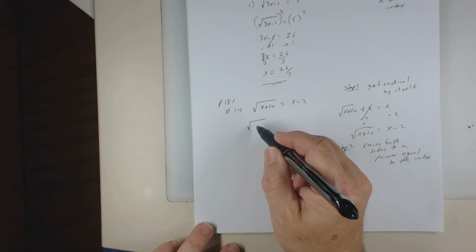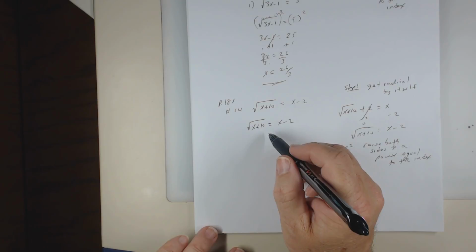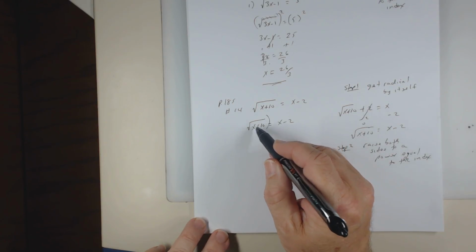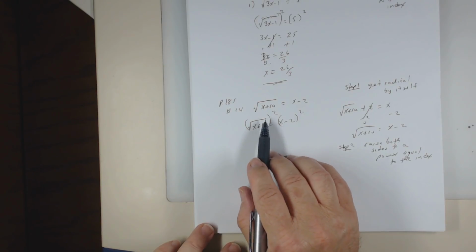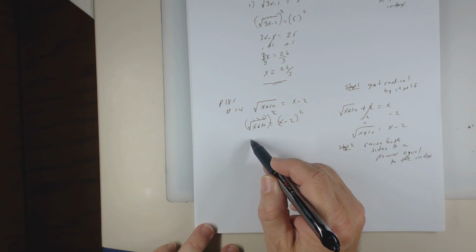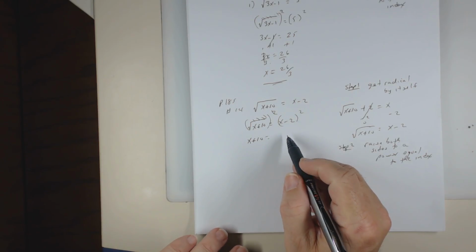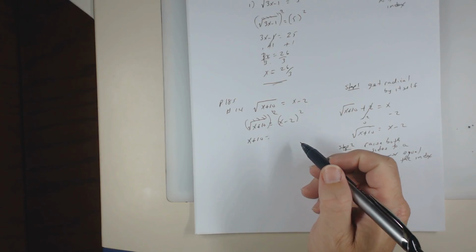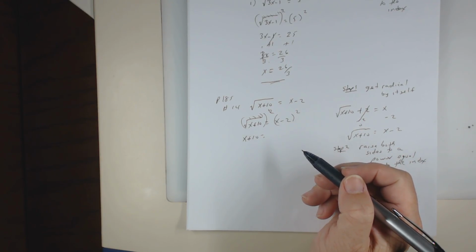So the next step, I'm just going to go ahead and rewrite this over, and square both sides. The left side should be easy. The square and the square root undo each other, so what's left on the left? Now on the right, what am I squaring? x minus 2. So I'm squaring a binomial.